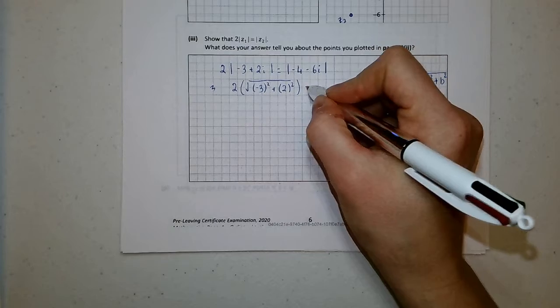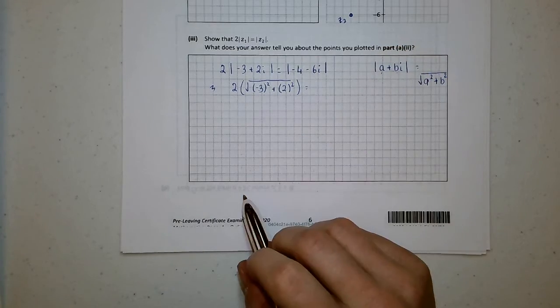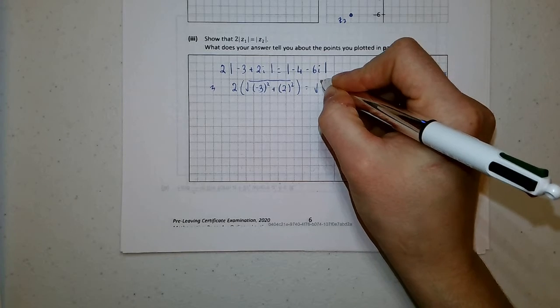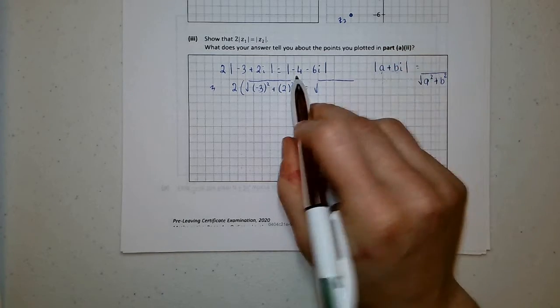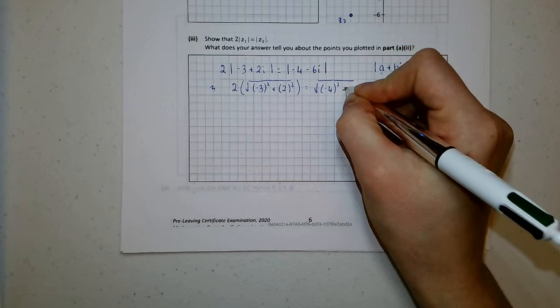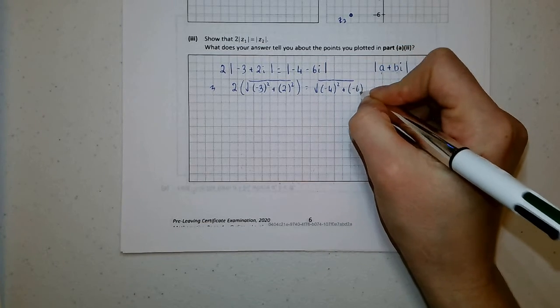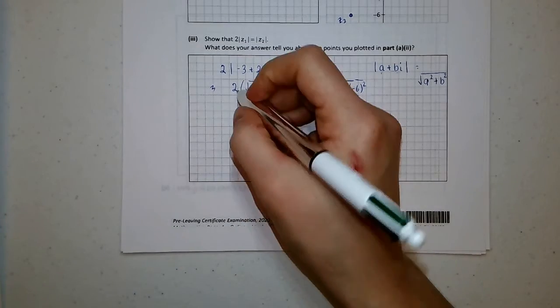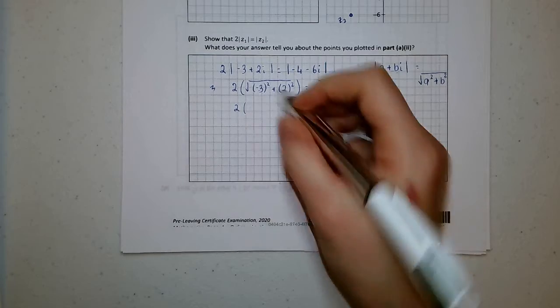And remember, if it's a negative number, to put it into a bracket, especially when you're putting it into your calculator. And then this right hand side here, it's the first part squared, plus minus 6 squared. When we multiply this out, we'll leave the 2 still outside the brackets.